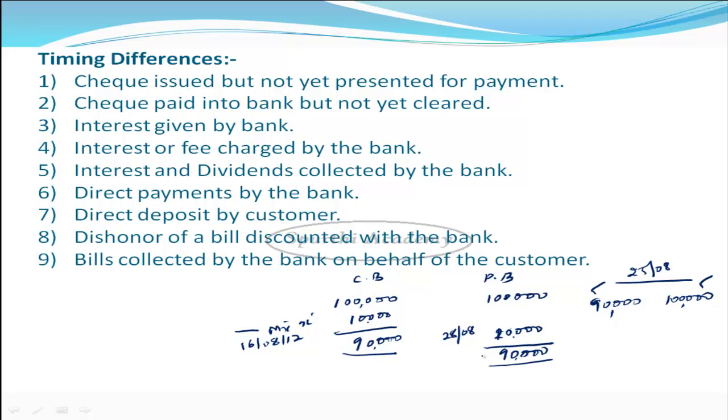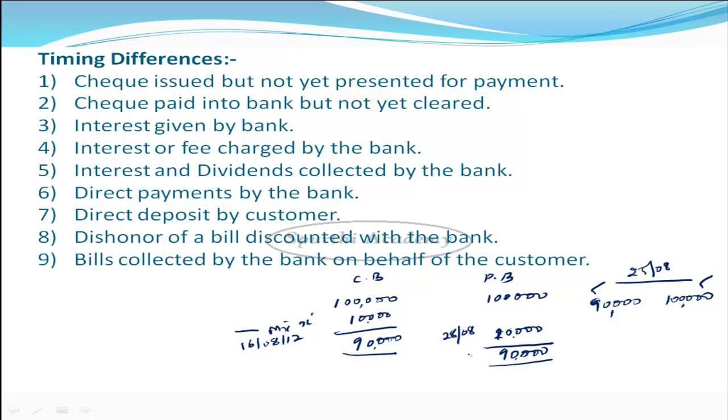The next one, check paid into bank but not yet cleared. I will repeat again, check paid into bank means check deposited into bank but not yet cleared. That is, as soon as checks are sent to the bank, entries are made on the debit side of the cash book.